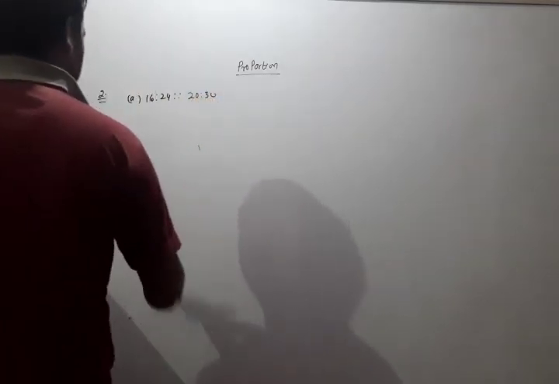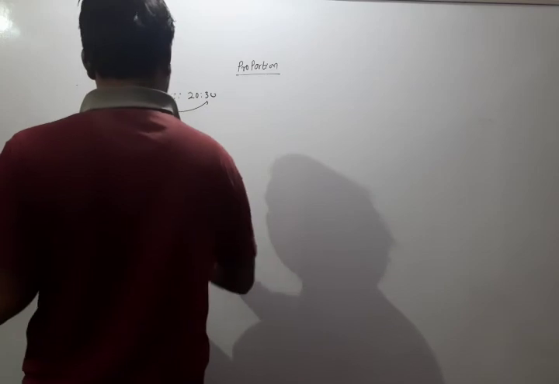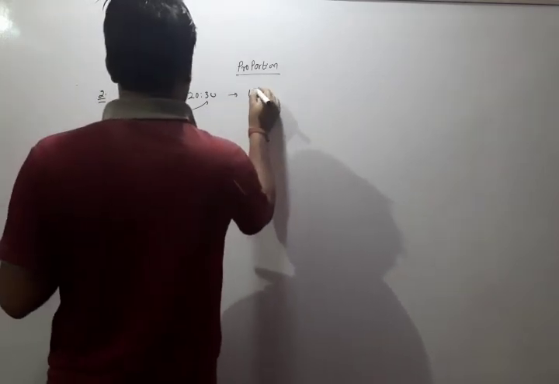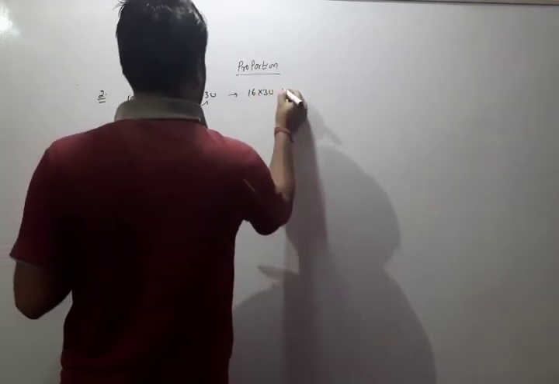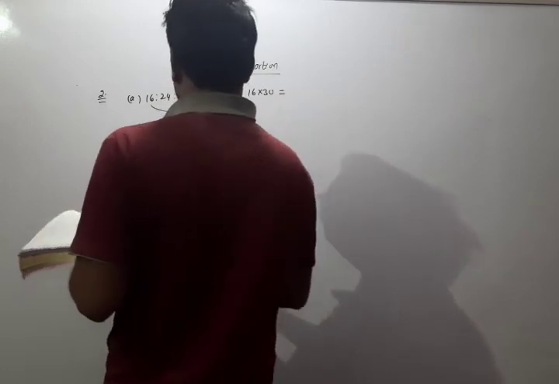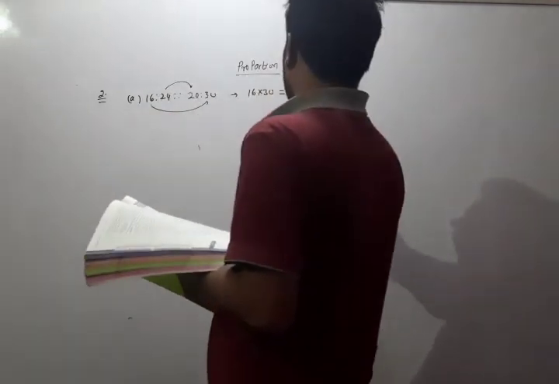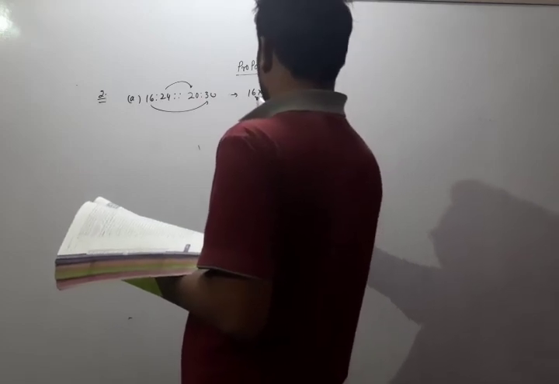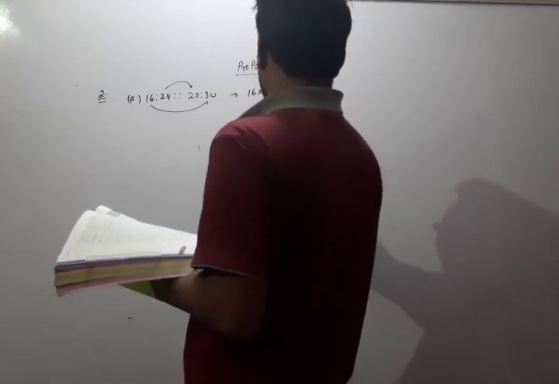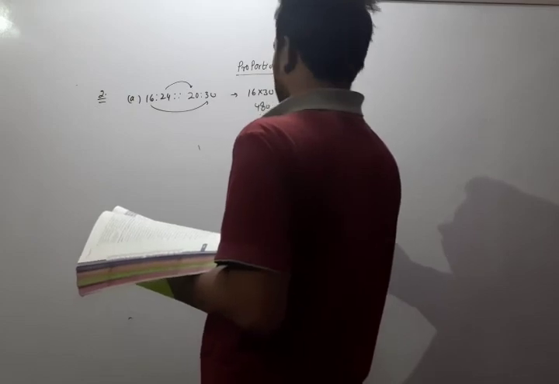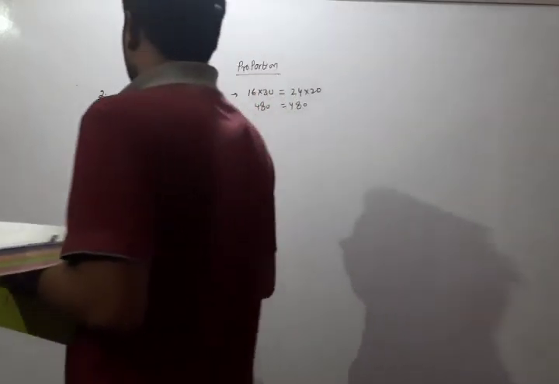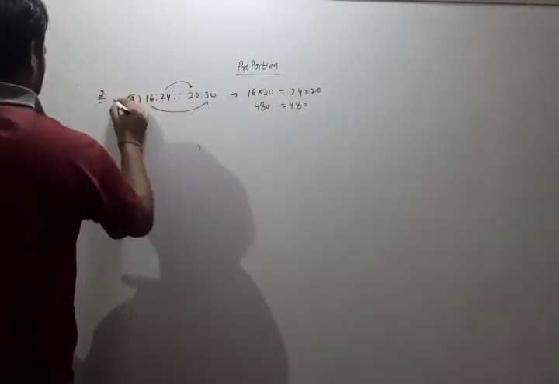So multiply extremes: 16 multiplied by 30 must equal 24 multiplied by 20. So 480. Both are equal. So this one is true.